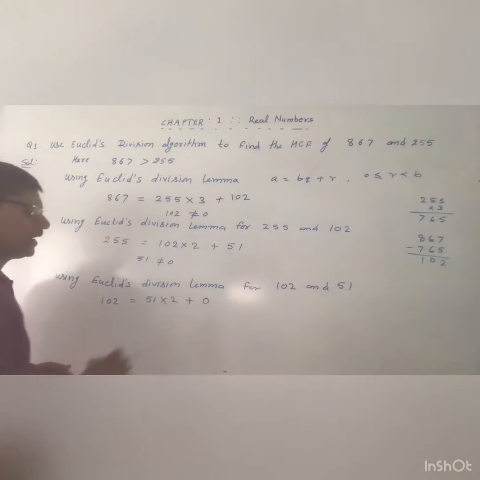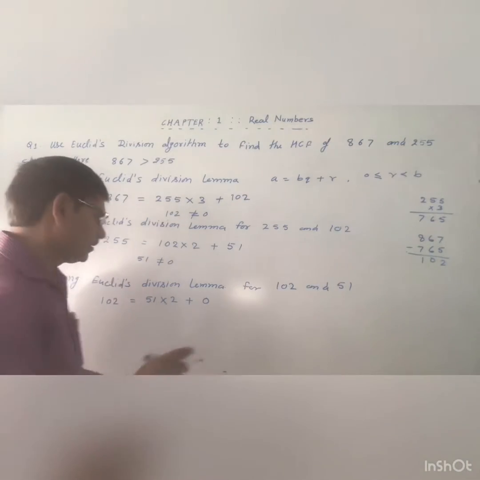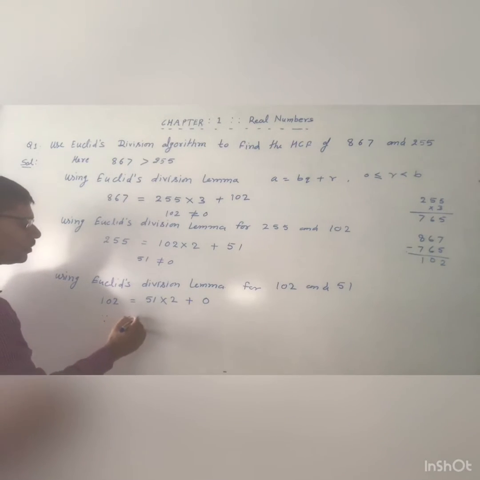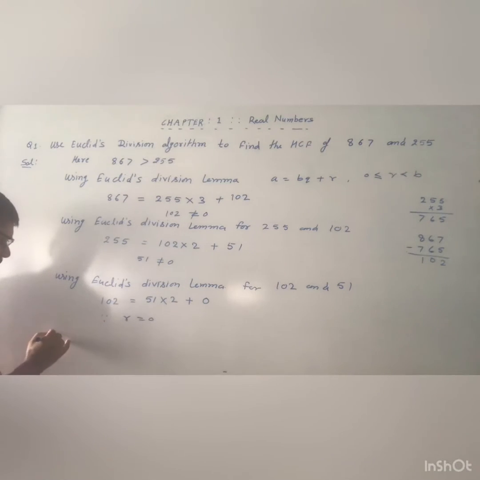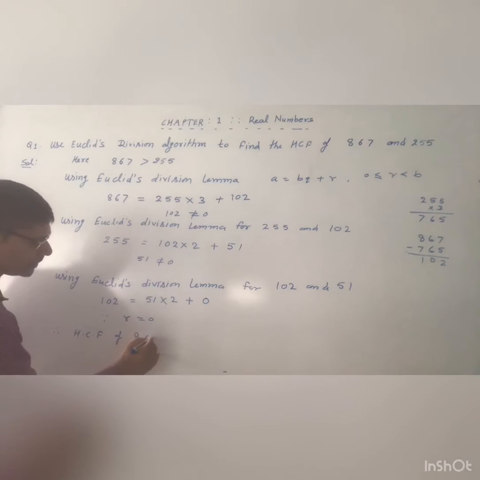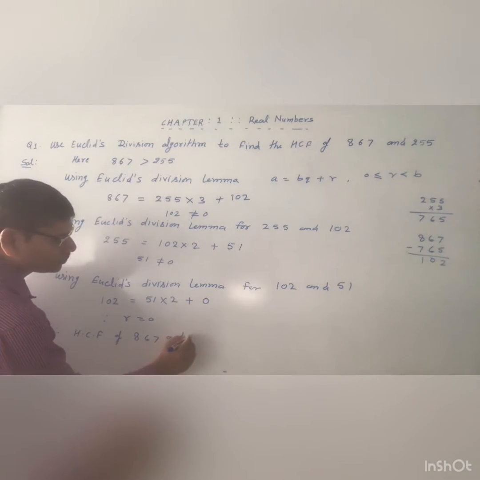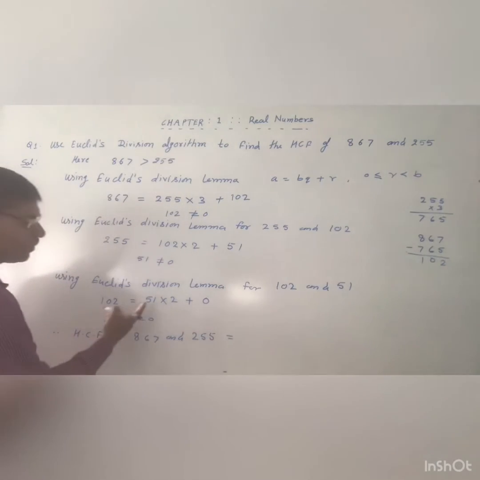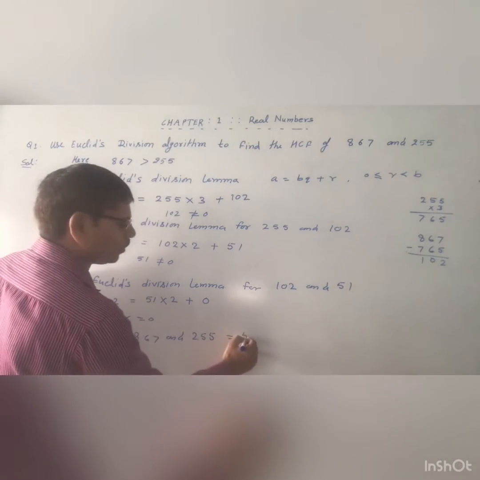So now you can write, since R equal to 0, therefore HCF of 867 and 255 equal to 51.